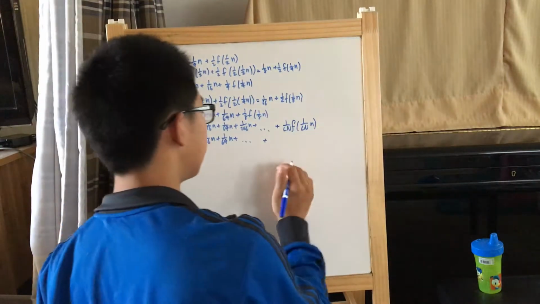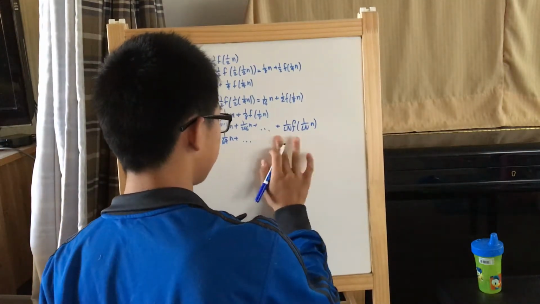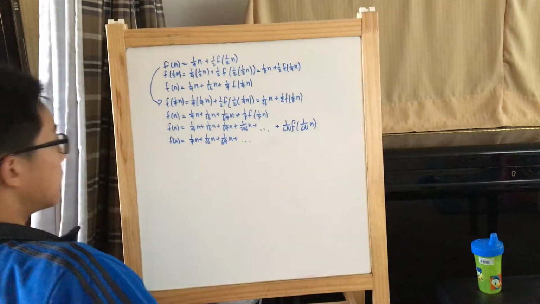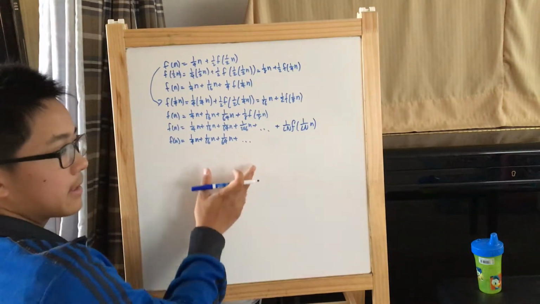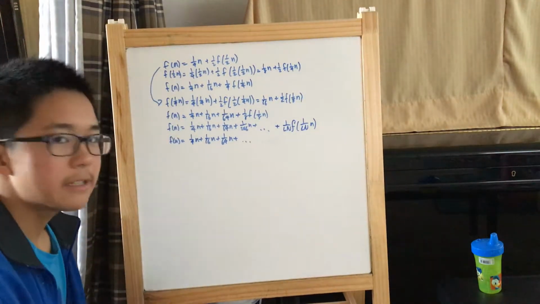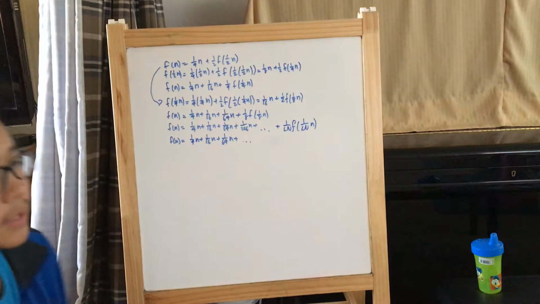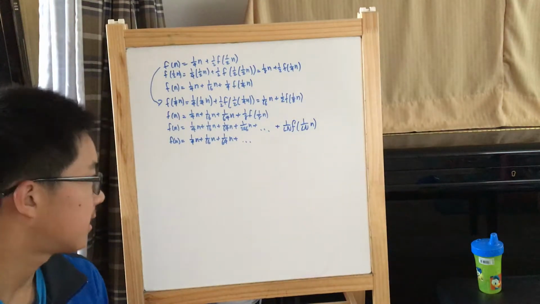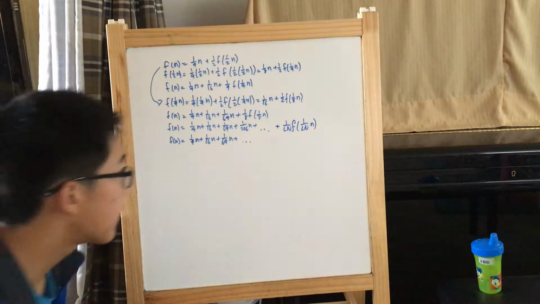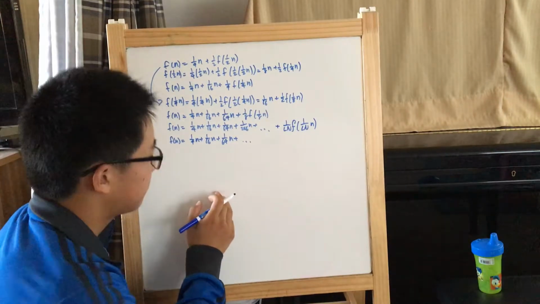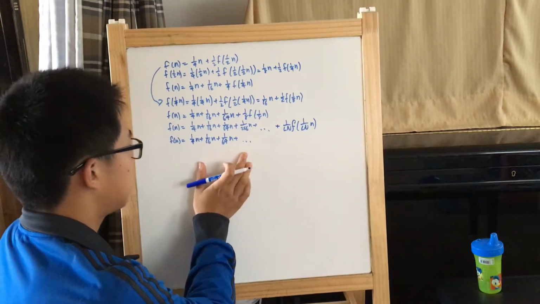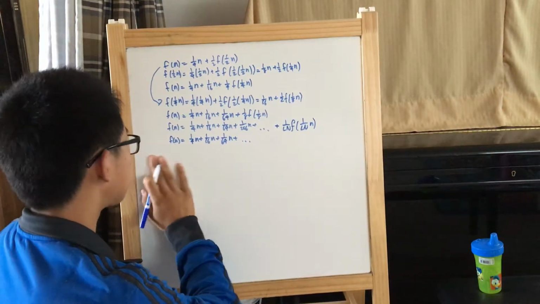So we can just ignore the plus 0 because that doesn't do anything. Now to prove that rigorously, it's not too hard, but it just takes a lot of time, so I'll let you do that yourself. Then we just need to evaluate this infinite geometric series for f of n.